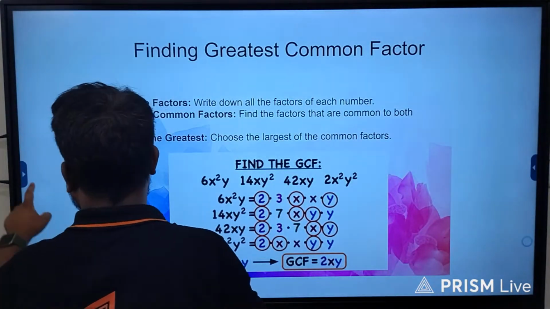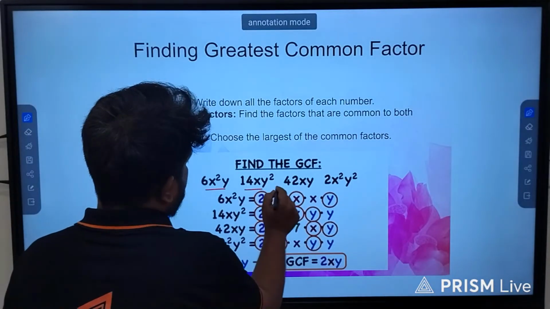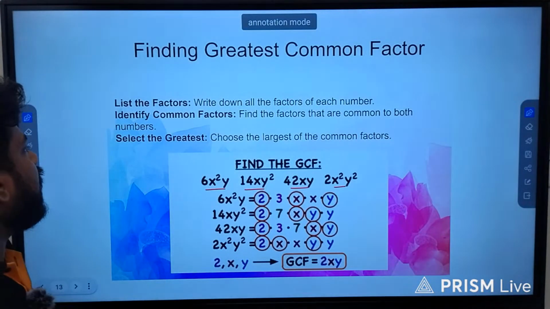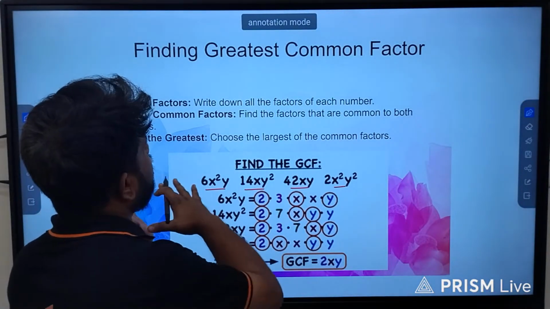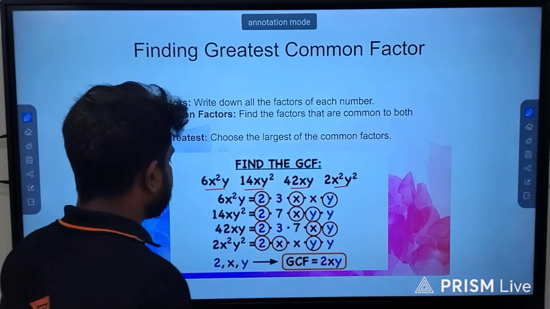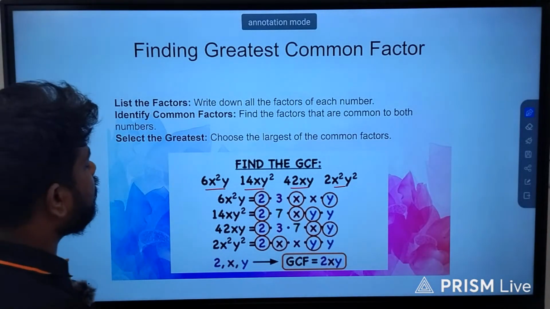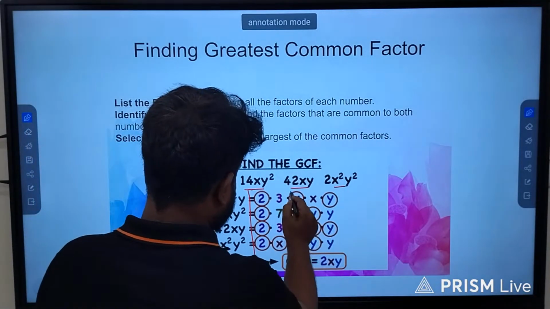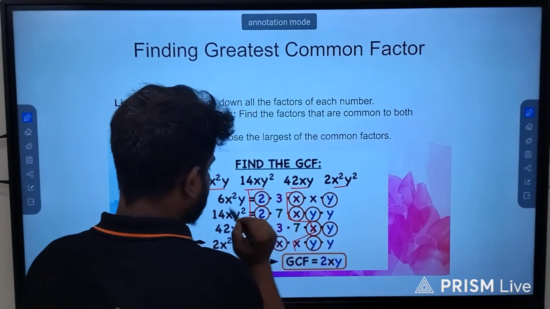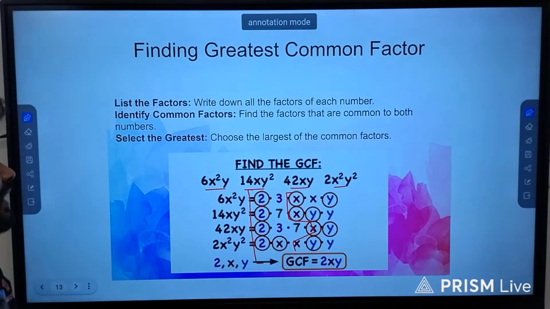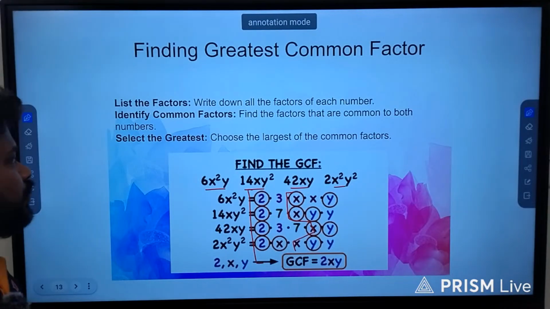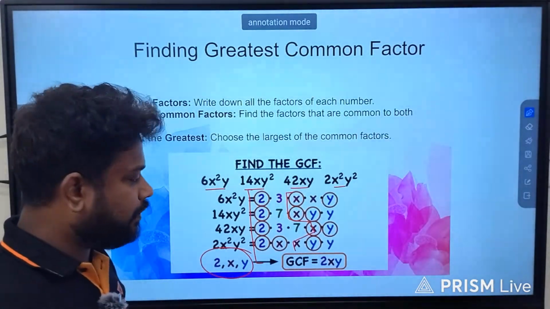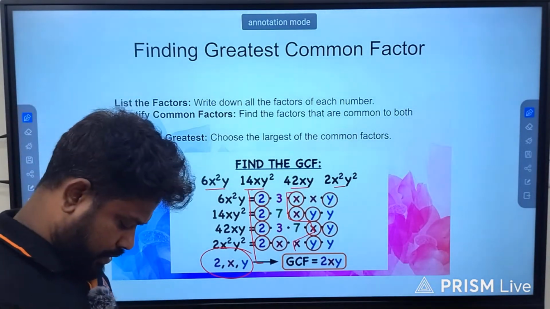Here we have 4 different algebraic terms where they have listed all the factors of these algebraic terms and identified the common factors: 2 for each of the cases, x for each of the cases and also y for each of the cases. So, the greatest common factor will be multiplying all of them and that will be 2xy.